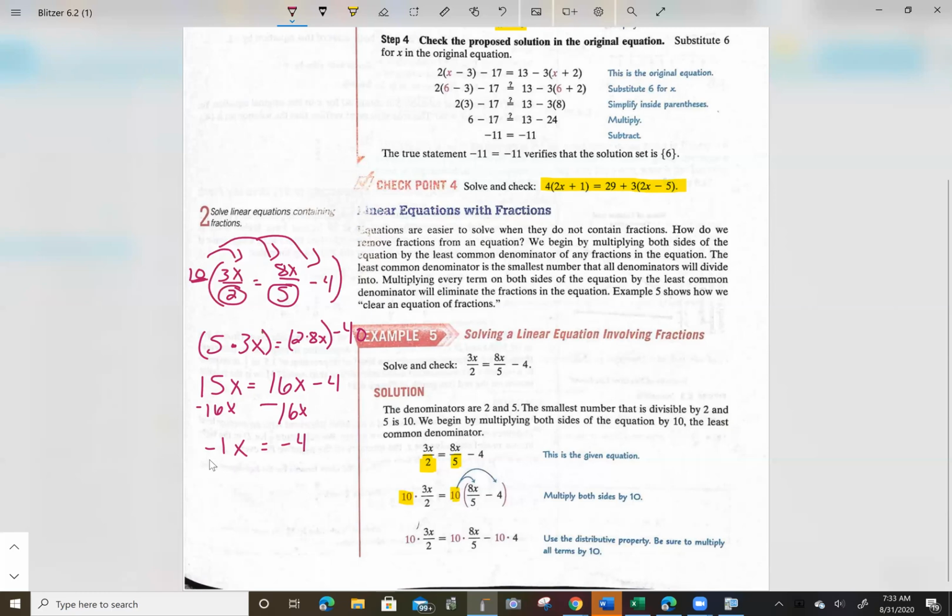Then we need to divide both sides by -1. And that's the other thing to remember when solving: you always need your variable to be positive. x is equal to positive 4. Negative 4 divided by negative 1 is positive 4.